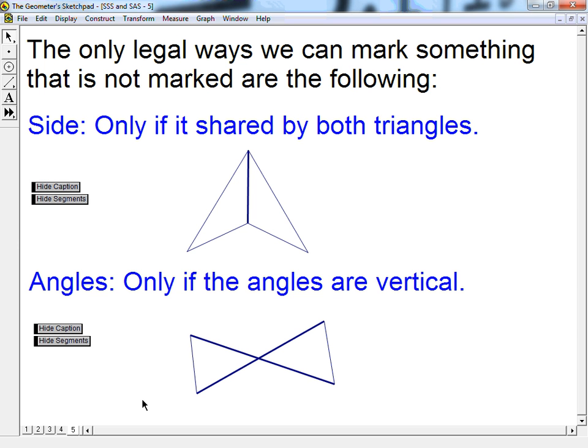Remember, the vertical angle theorem says there's an X form, opposite angles are congruent. So we can legally mark angles only if they are vertical. So remember, I need three markings. The only way I can mark a side is if both triangles share it. The only way I can mark an angle is if they're vertical. Those are the only legal ways.